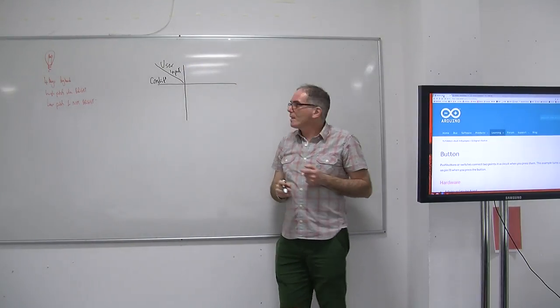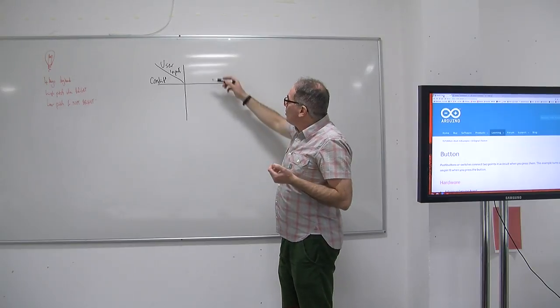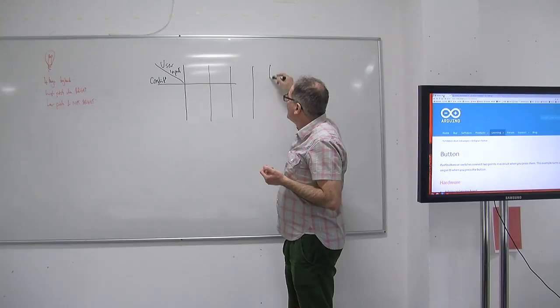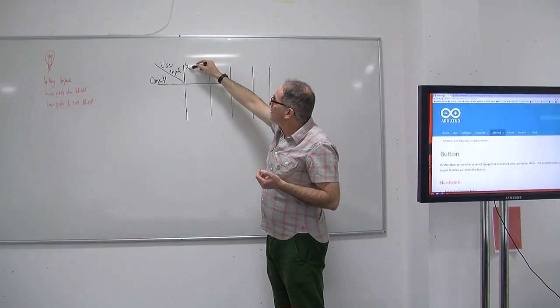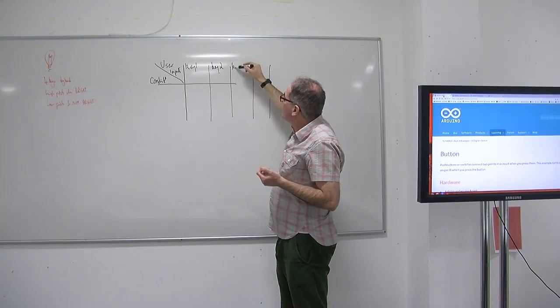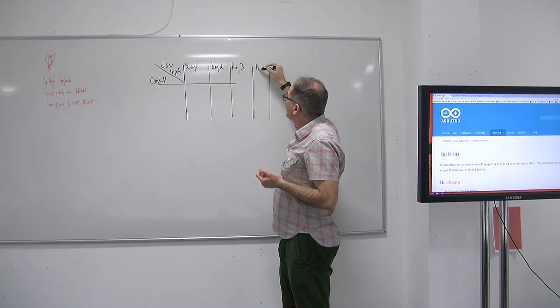Okay? So, we know that we have 4 keys. So, key 1, key 2, key 3, key 4.